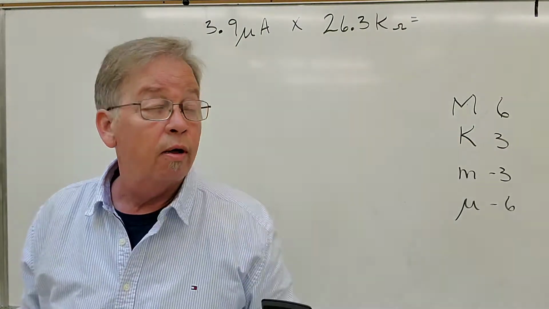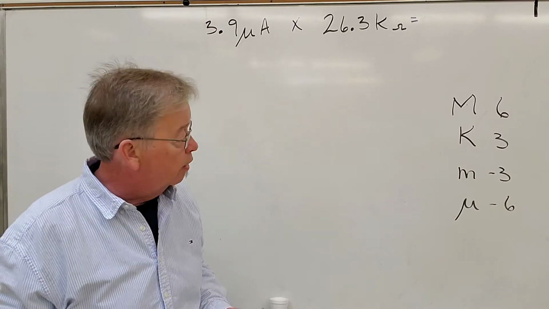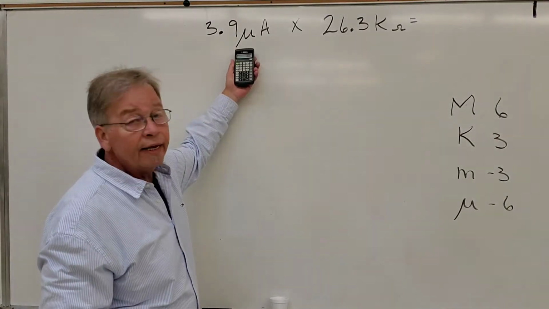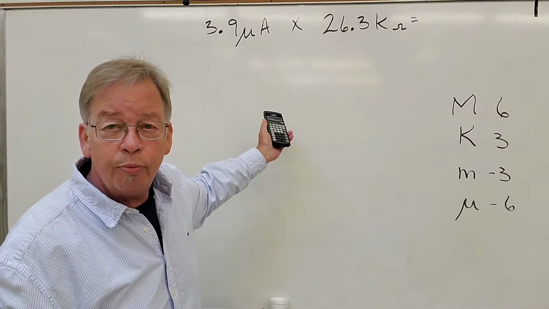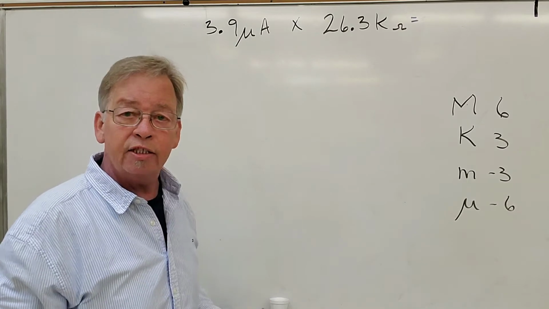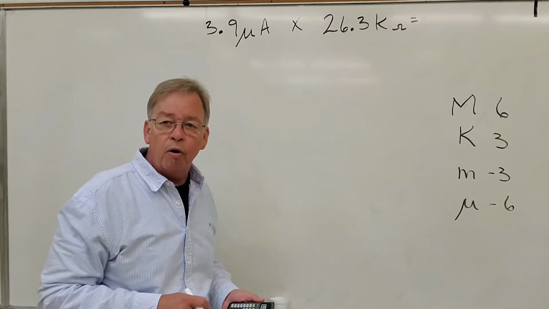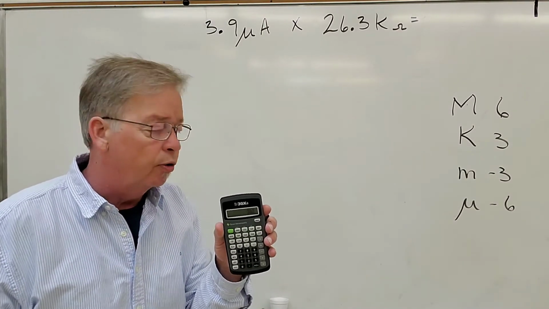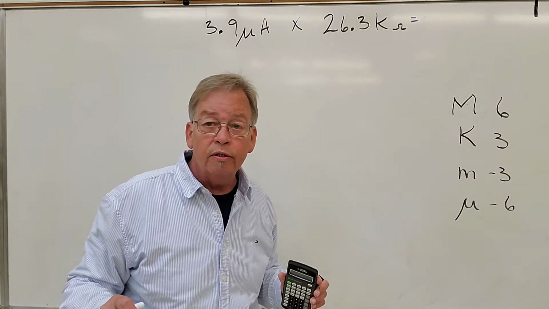So how in the world am I going to enter the metric prefix of micro? Well, I'm not. What I'm going to do is recognize what the exponent is for that metric prefix, and I'm going to enter the exponent. So I recognize the metric prefix and the exponent that goes with it, and the calculator understands the exponent. We never write down exponents.